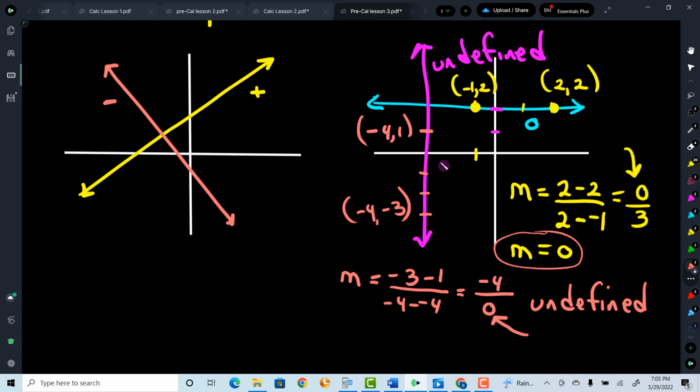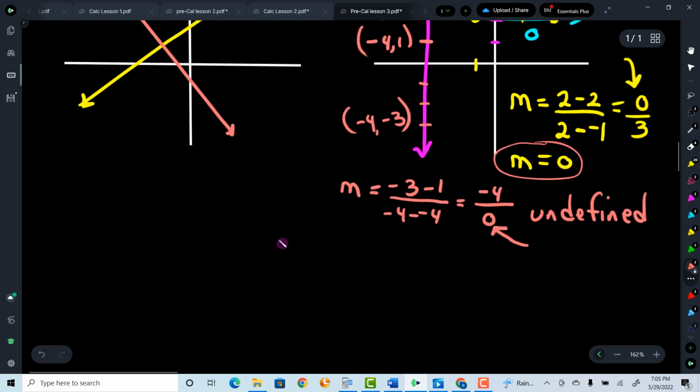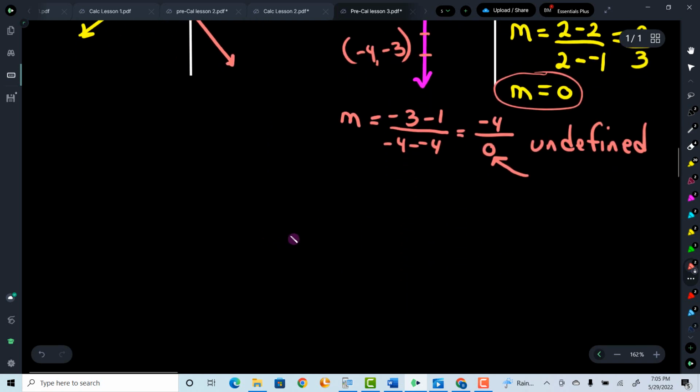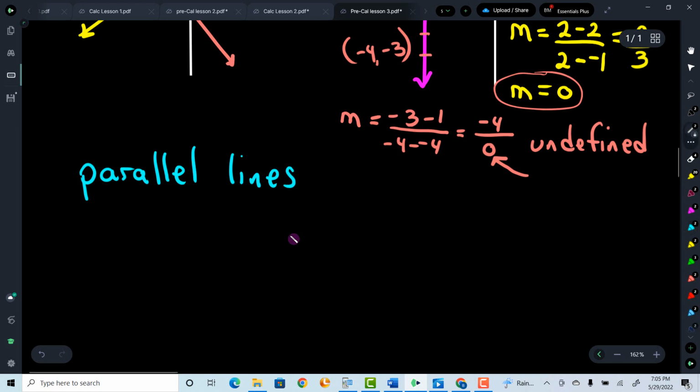Okay? Let's pursue the idea of slope just a little bit more. What if two lines are parallel? Right? Two lines are parallel. If they're parallel, then their slopes are the same. The rise over run is the same. Okay, so parallel lines have the same slope.